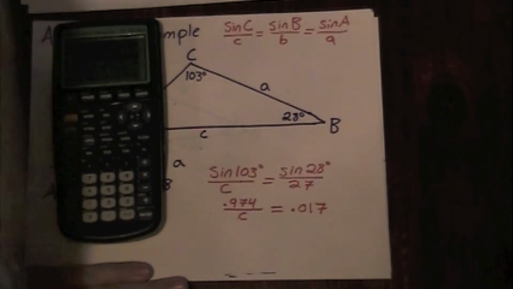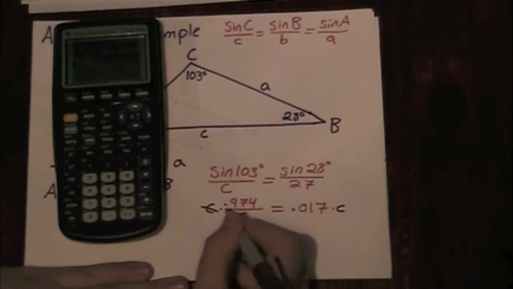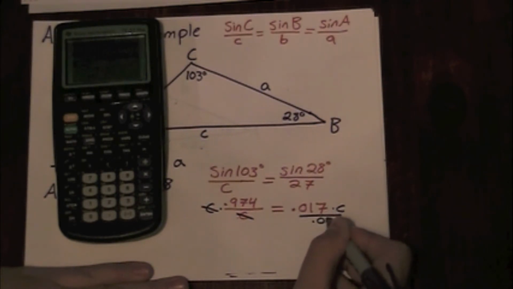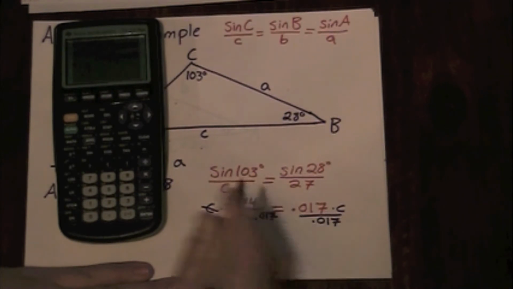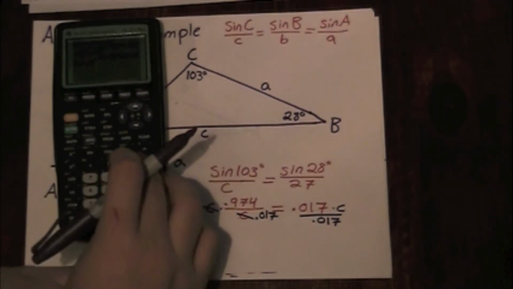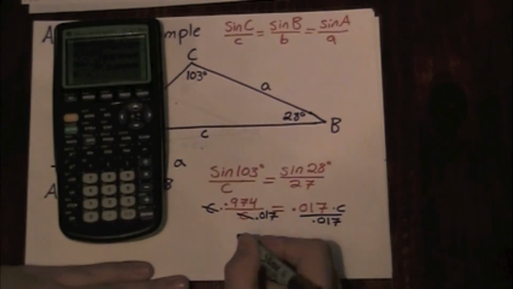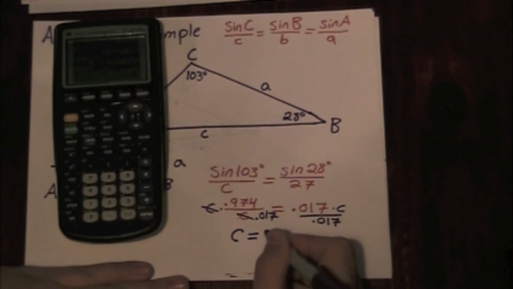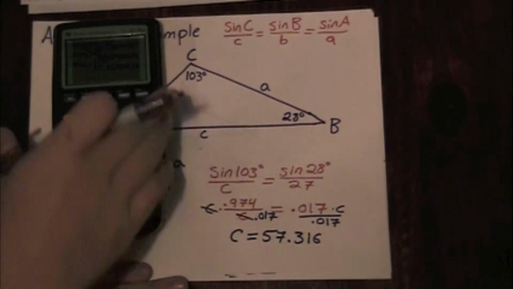With a little bit of algebraic manipulation, I multiply both sides by c. Cancels to 1 on the left. And then I'm going to divide both sides by 0.017. I'm going to arrive at an answer, which tells me that c is equal to 57.316.